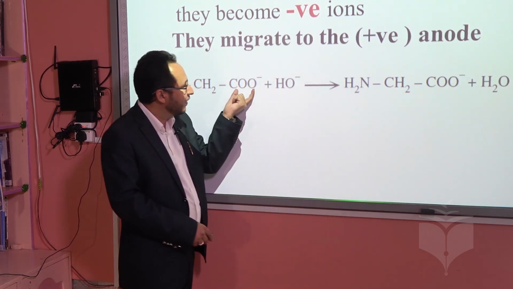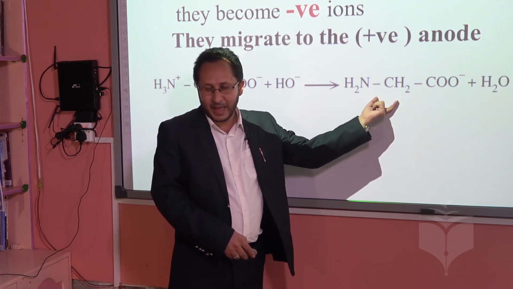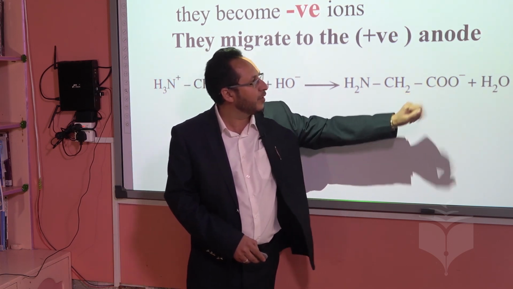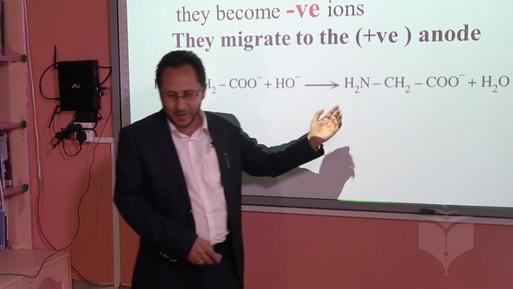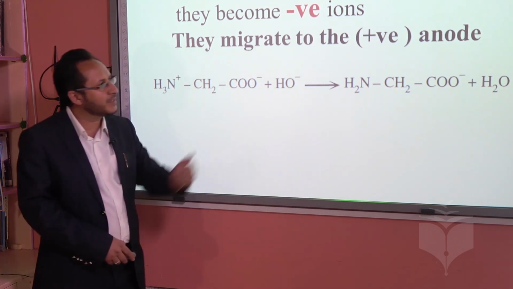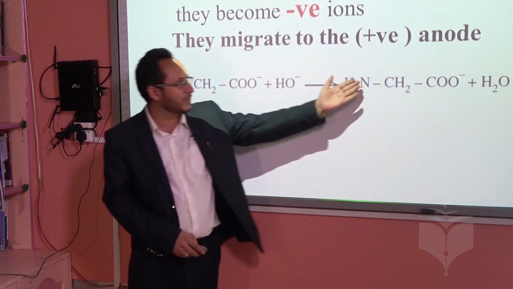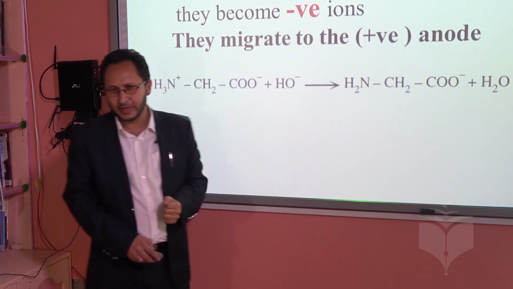Now we have this end, which is negative. So in the basic medium, amino acids are present as negative ions. If you pass the current, they migrate to the anode, because the anode is positive and this is negative, so negative attracts to the positive.